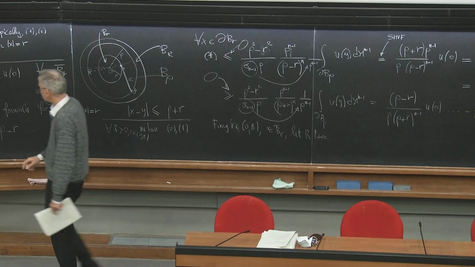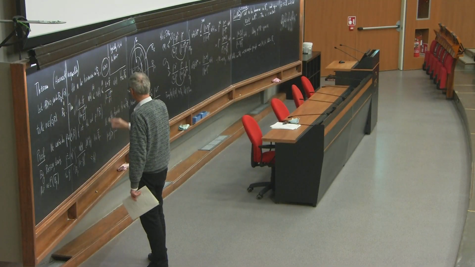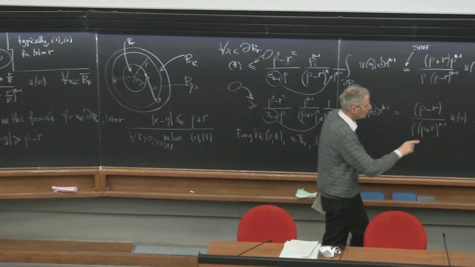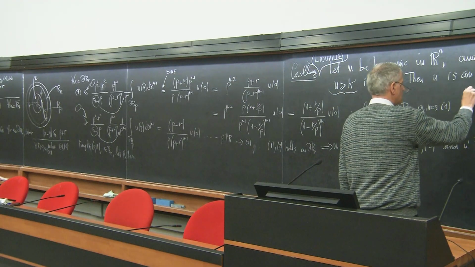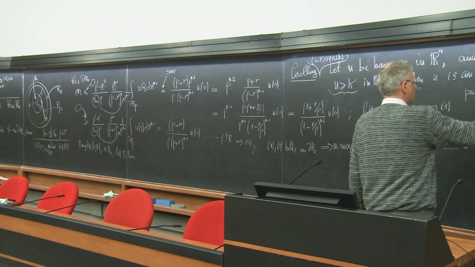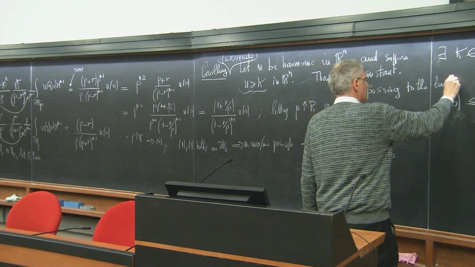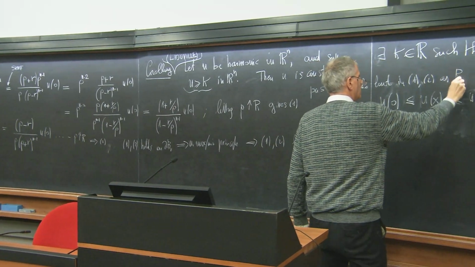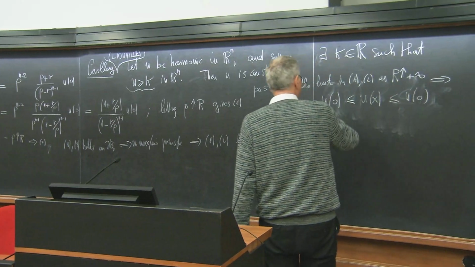If we let R go to plus infinity, we pass to the limit into these two inequalities, and we get, passing to the limit in 1 and 2 as R goes to plus infinity, this for any x.